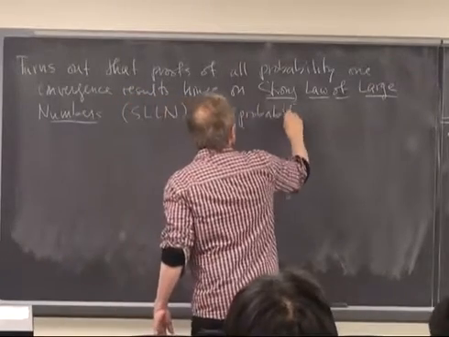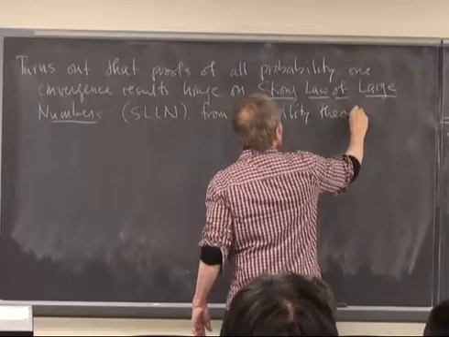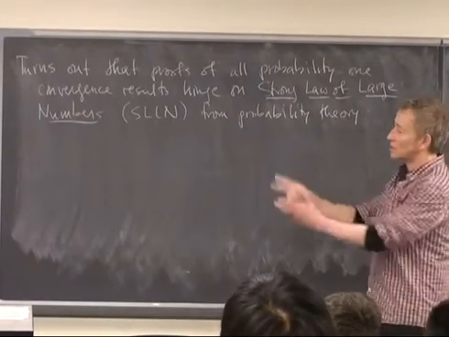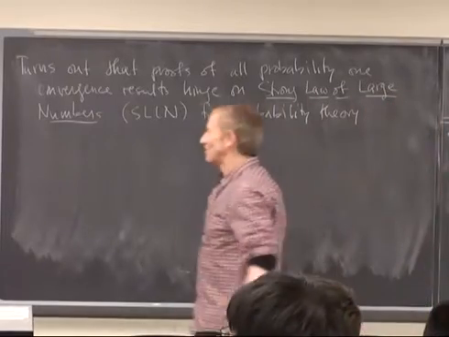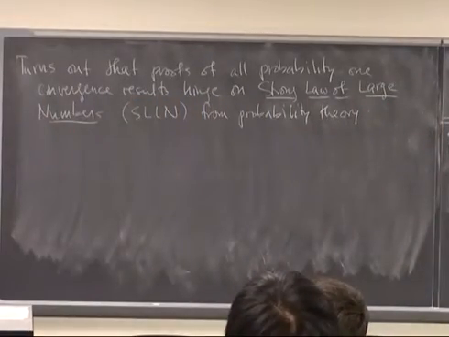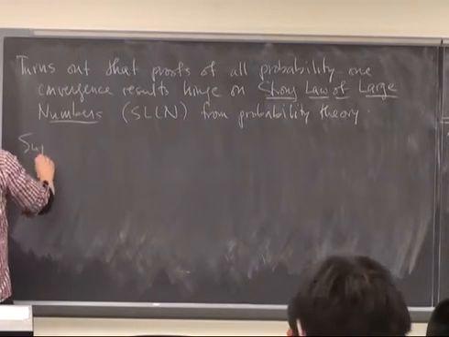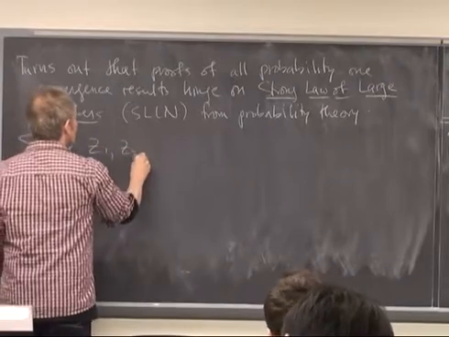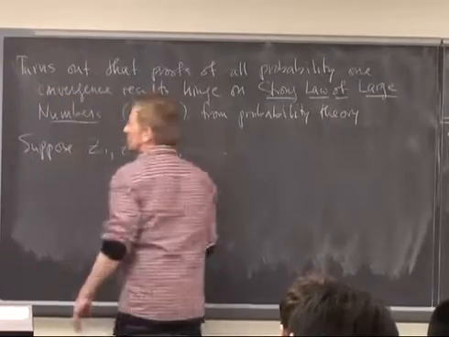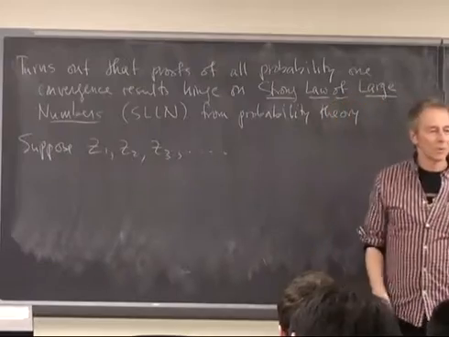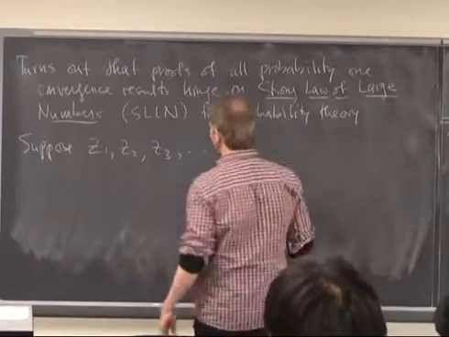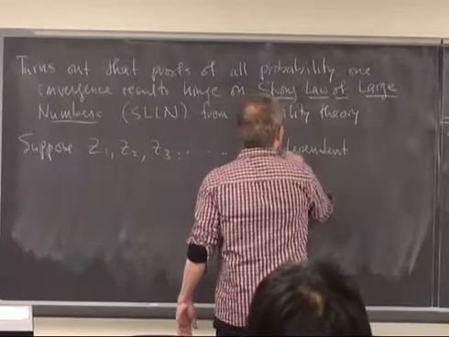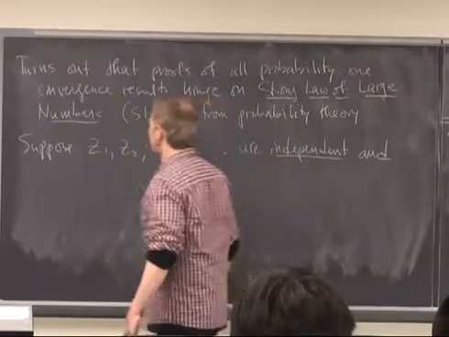And how does that go? It's hard to prove at this level. In fact, it's nigh impossible to prove at this level. And I know it's scary, but there's no reason to leave because of it. Here goes. Suppose that, say, Z1, Z2, Z3, and so on are a bunch of random variables that are independent and identically distributed.